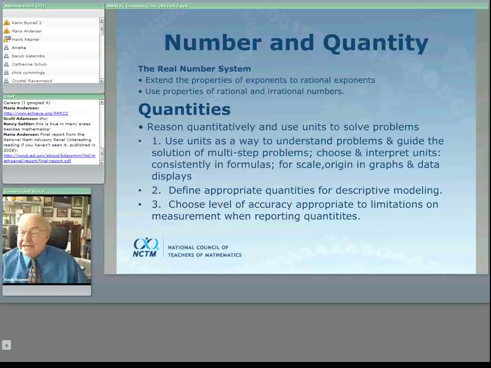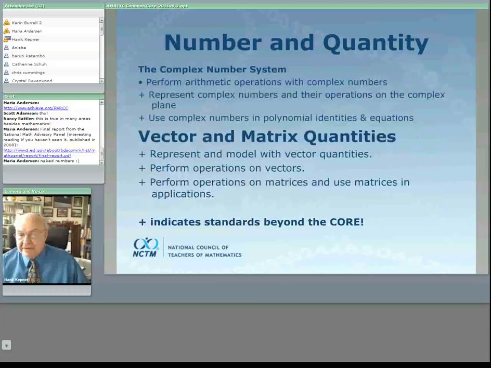An area that I feel concerned is at this point classified as beyond the Core is work with vectors and matrix quantities. Those to me are very critical, particularly in the discrete areas, the social sciences and so on. That work comes up, but that's part of the discussion to go on over the next good number of years as we look at our curriculum, both K-12 and into the post-secondary experiences.